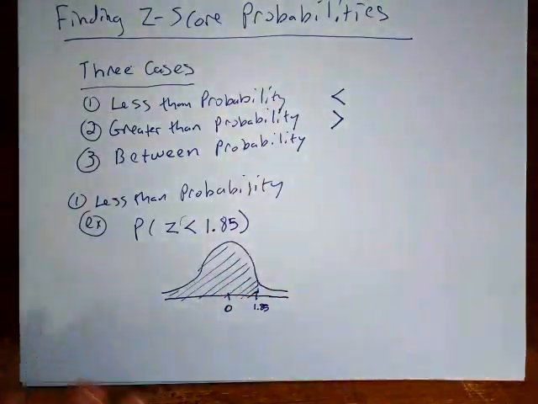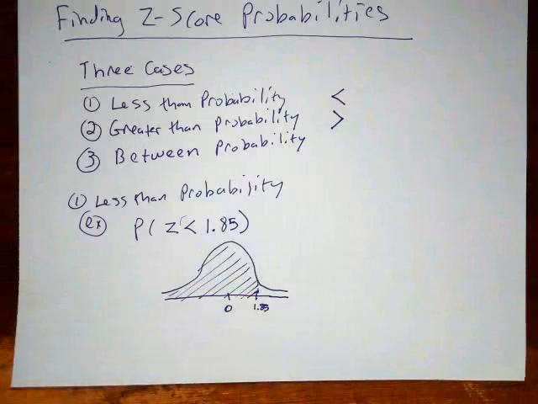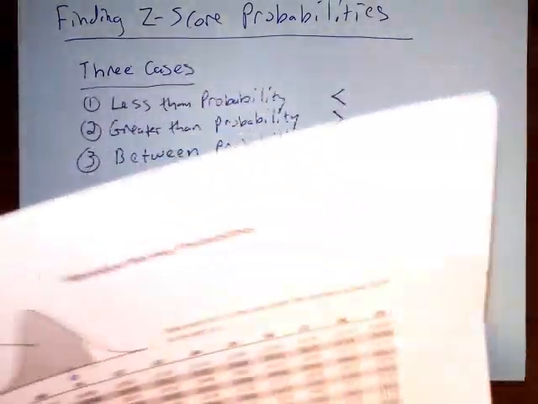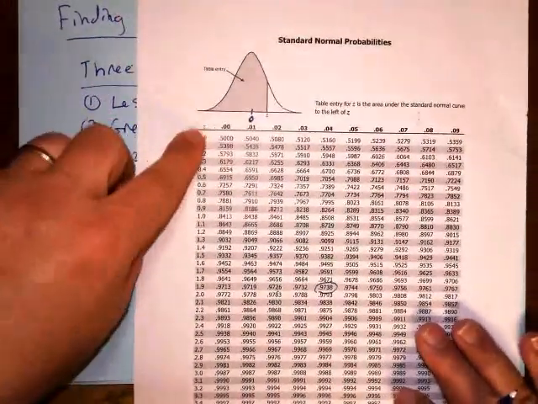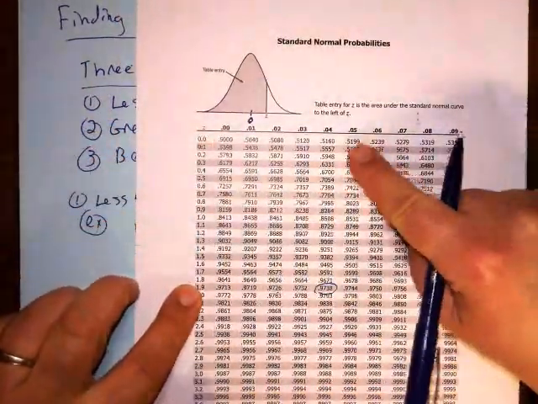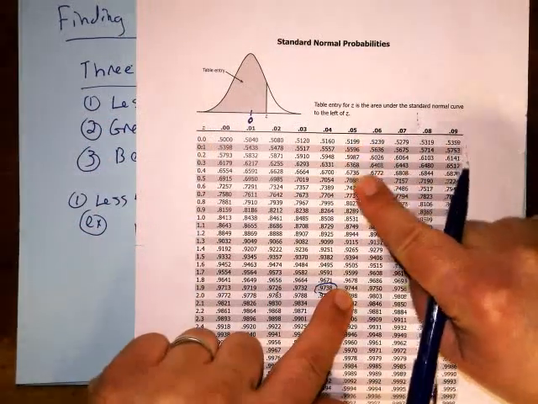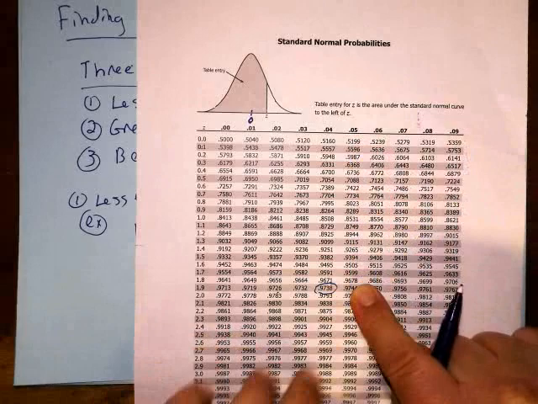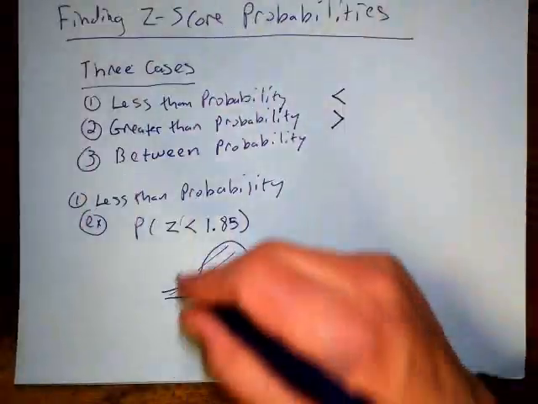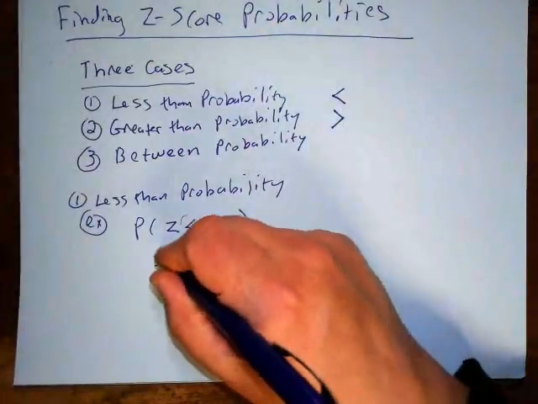So now all I need to do is look it up. So get my normal table. I'm going to go on the positive side, and I'm going to look up 1.8, 0.05, and where these overlap gives me the area that I'm looking for, 0.9678.